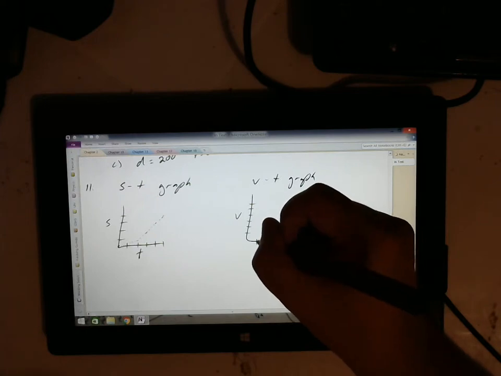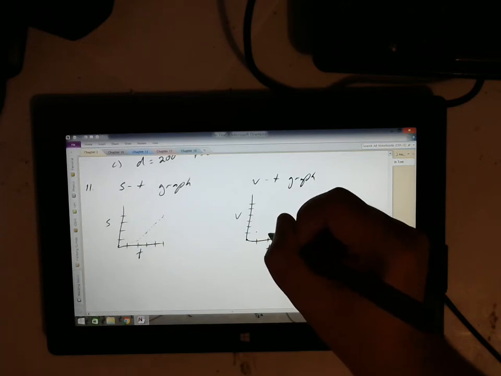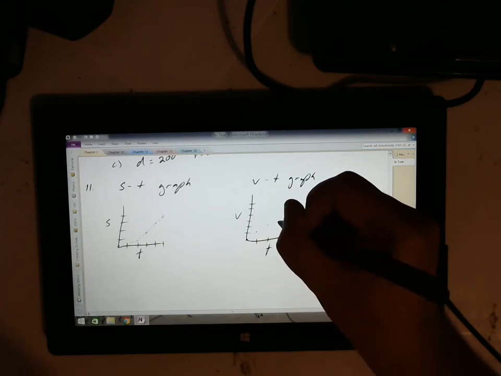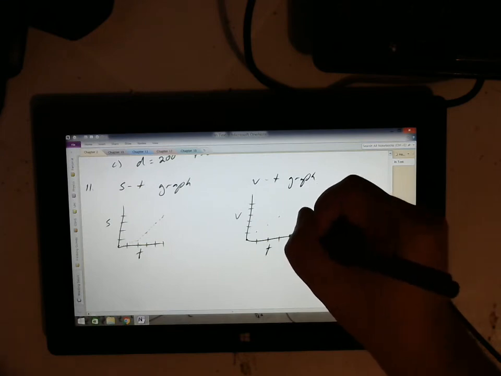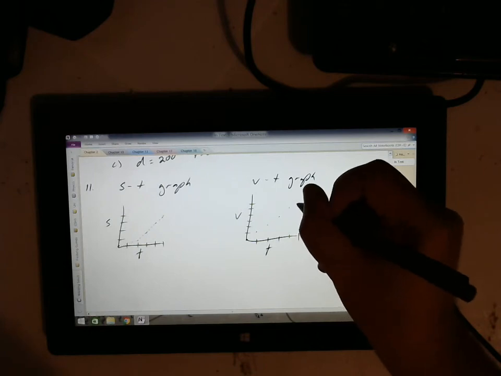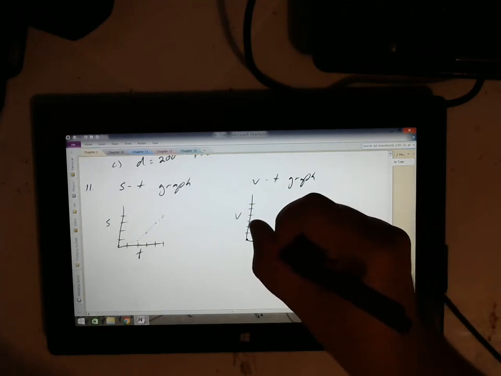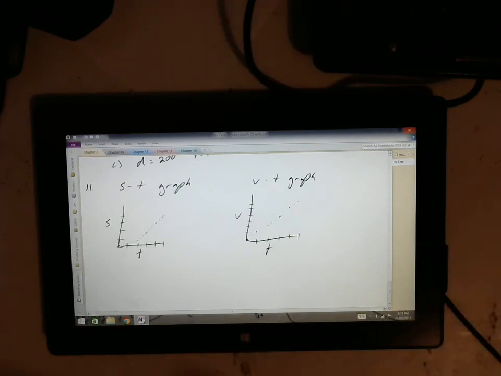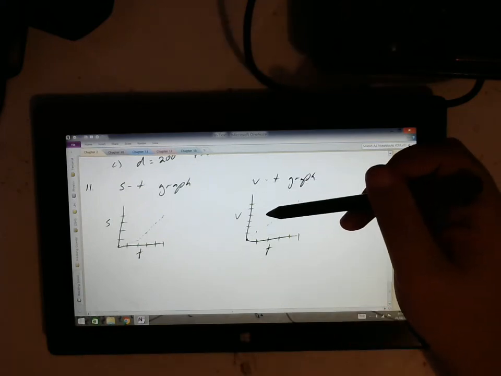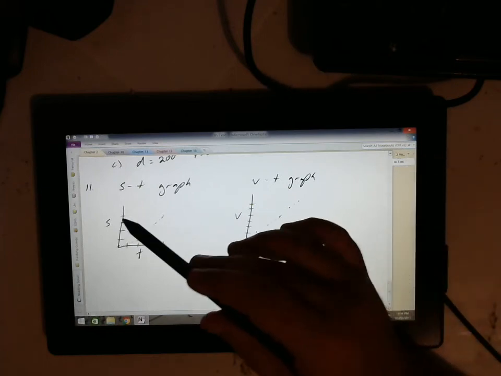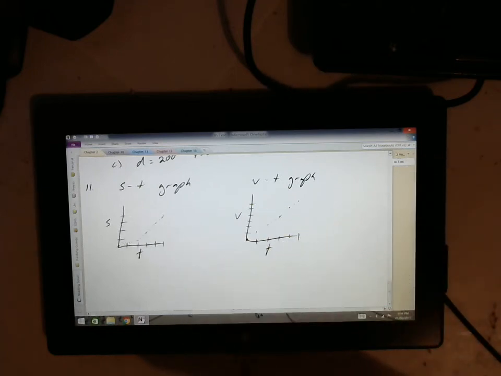First time is 0, at 1 second it was 6, at 2 seconds it was 12, then 18, then 24, and then all the way to the top. This one's a lot easier to draw, because it should be a straight line. Something to notice is that whenever there's acceleration, a VT graph will be straight, while an ST graph will be curved. That's a really important thing to remember.